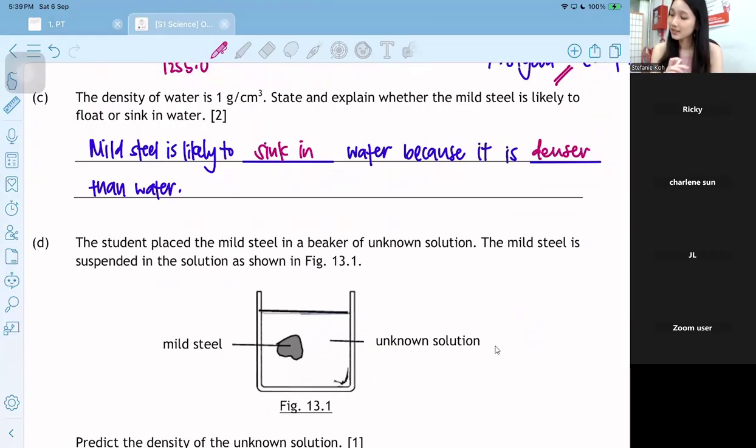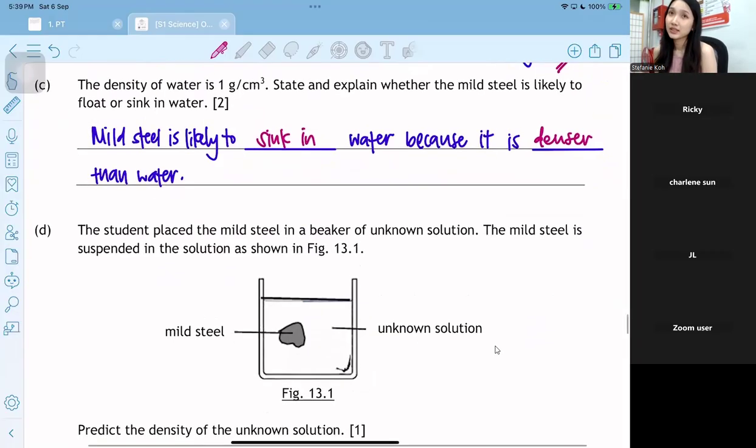Not sink, not float. The volume. Can you tell what is the volume? No, right? You don't have any information about the volume.